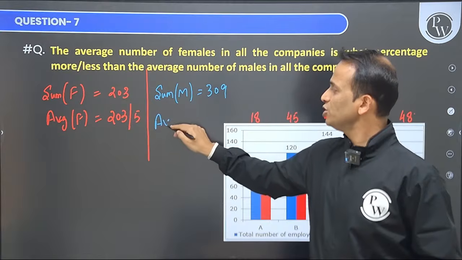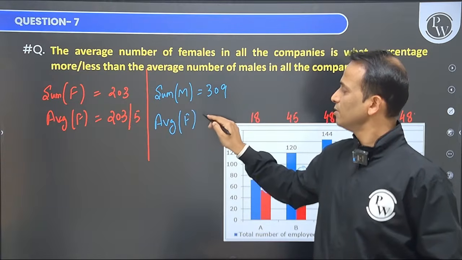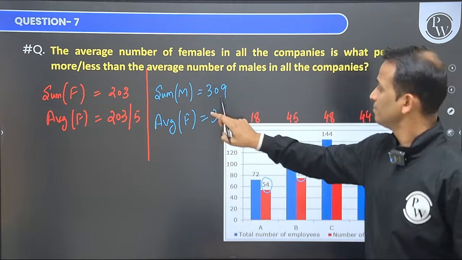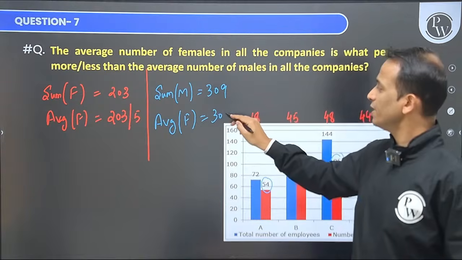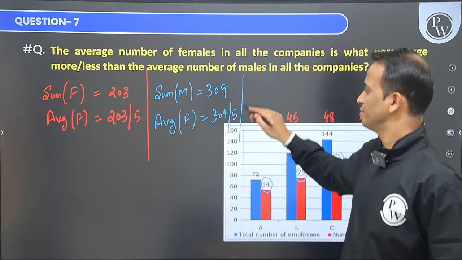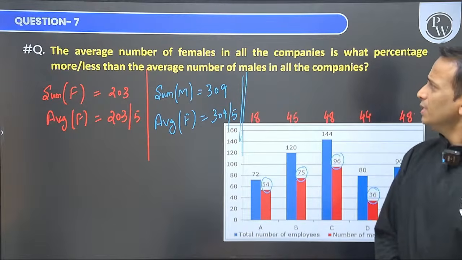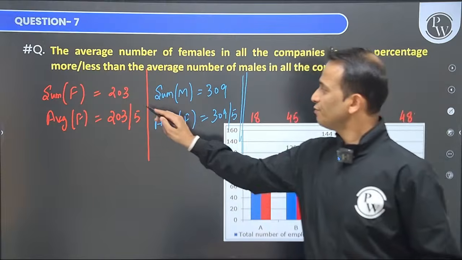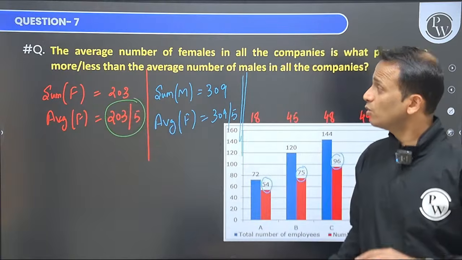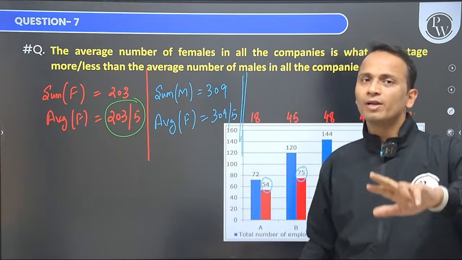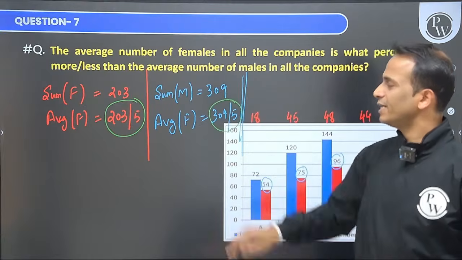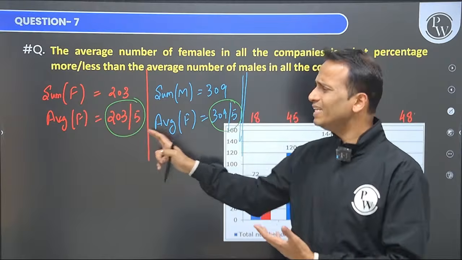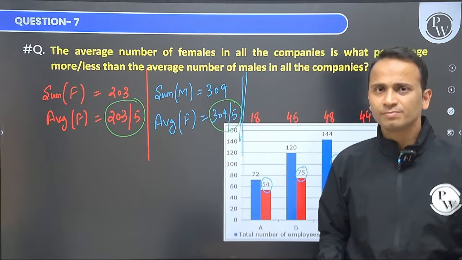Now their average will be 309 upon 5. Now what we have to do in this question? We have to find out the first number is what percentage more or less than the second number. This is the first number. This is obviously less than the second number, right?